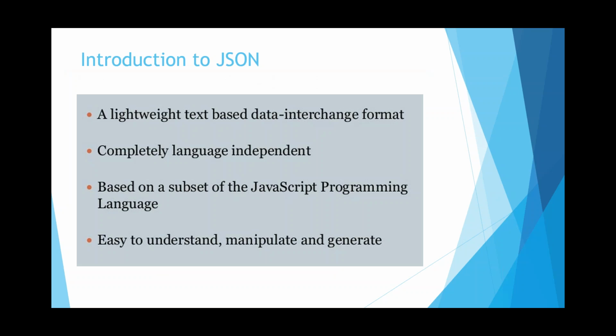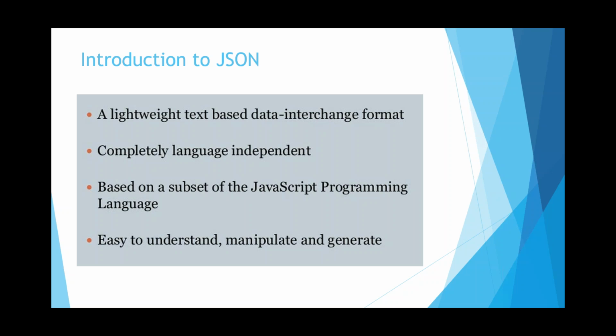Then JSON also we are going to discuss. JSON is very, very important. All modern technologies use the JSON format to exchange data. From client side to server side, if you want to send data, in earlier days people were using XML format. XML is heavier when compared with JSON.